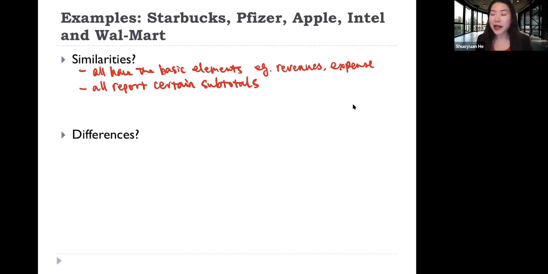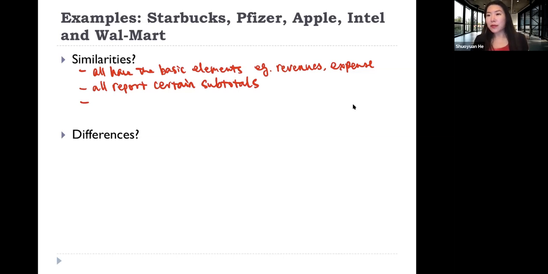Income tax expense, that's another example of those subtotals. Income before income tax. So even though some of them are named a little bit differently, which we're going to talk about in a minute, they are all going to report those numbers: net income, income tax expense, income before income tax. The third similarity is they all report EPS.